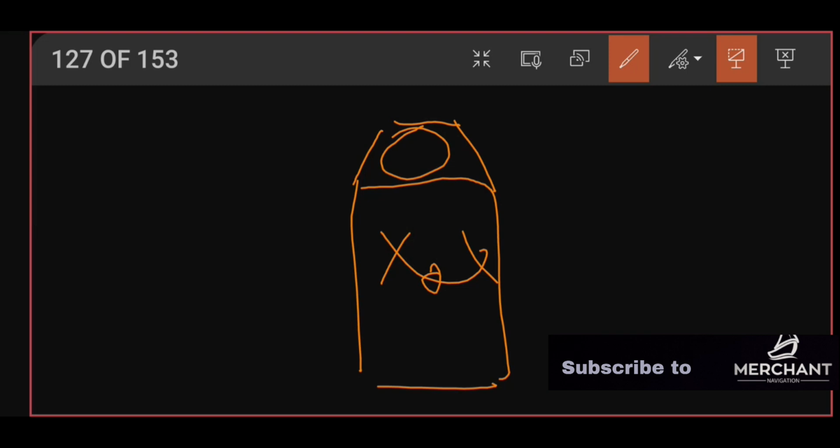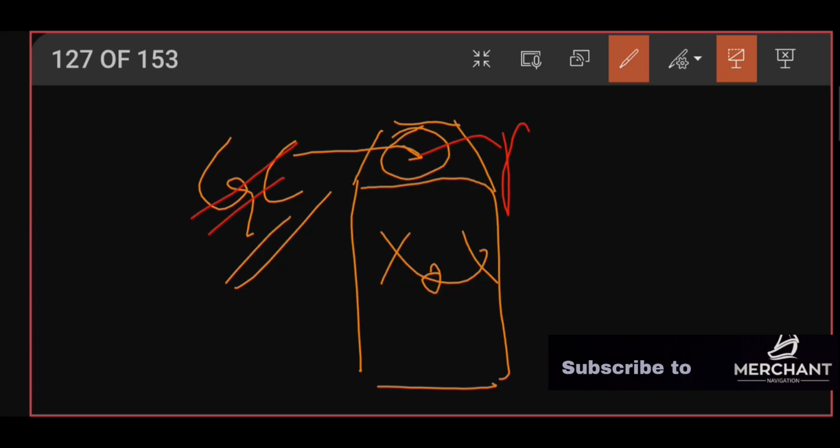Are you steering with the gyro compass when the vessel is being steered using the wheel? Yes, sir. You must understand that actually this is not the gyro compass. This is called gyro repeater.